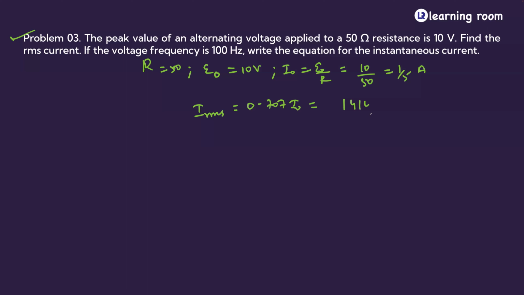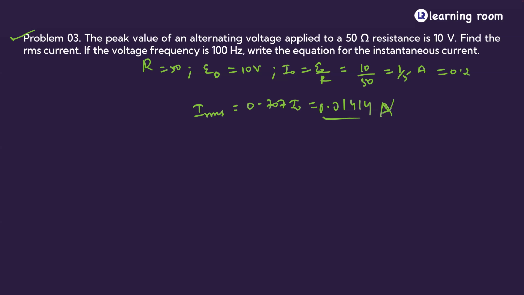So it would be 0.01414. 707 into 2, this one the 0.2. 1 by root 2 times, but 1 by root 2 is 0.707. So 0.1414 ampere.